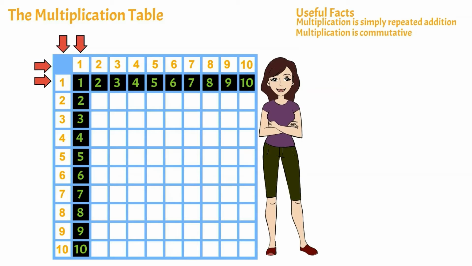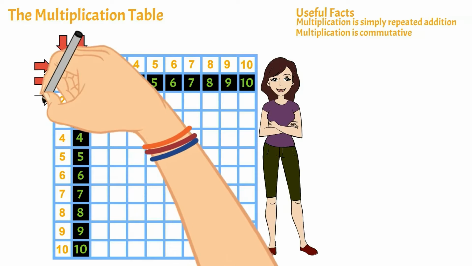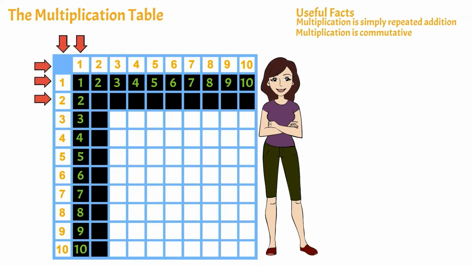Let us have another easy one. Let us try multiplication by 2. We already have an answer for 2 times 1, which is 2.